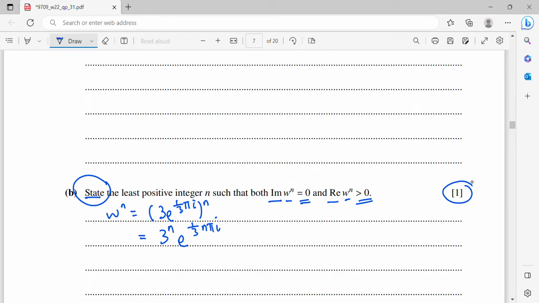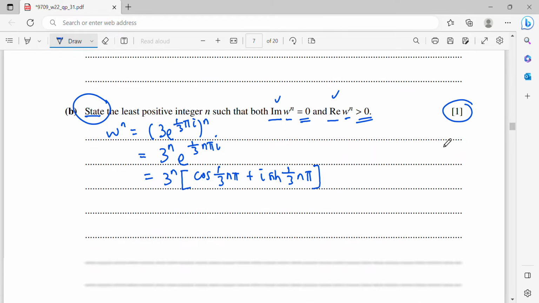Now in order to get the imaginary and real part, I will expand the e, so we will express it in the polar form. The polar form is 3^n (cos(1/3 nπ) + i sin(1/3 nπ)).